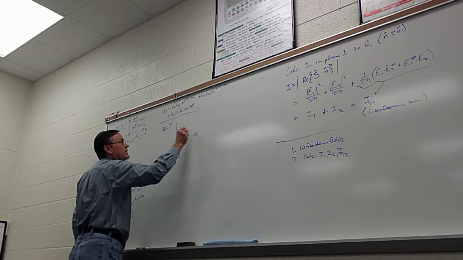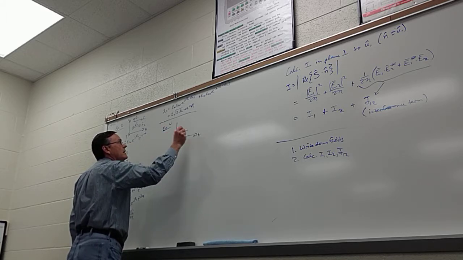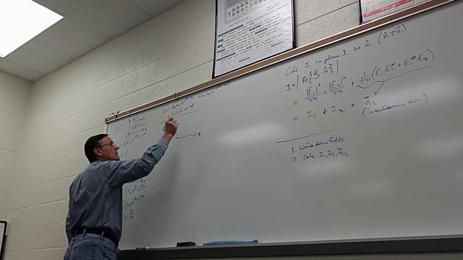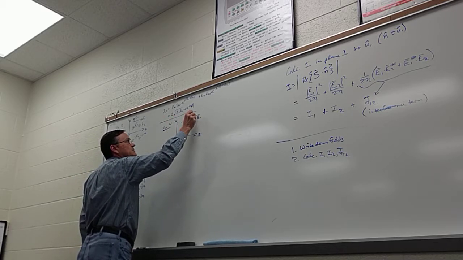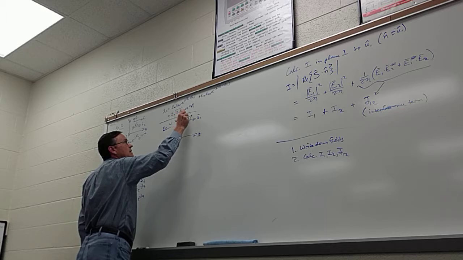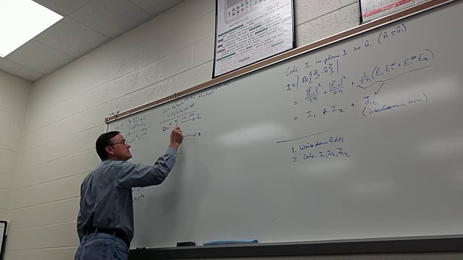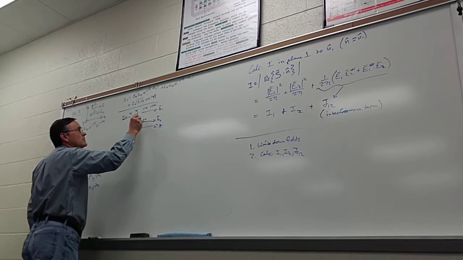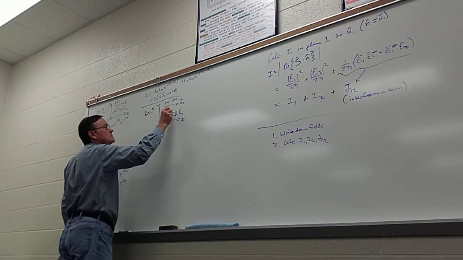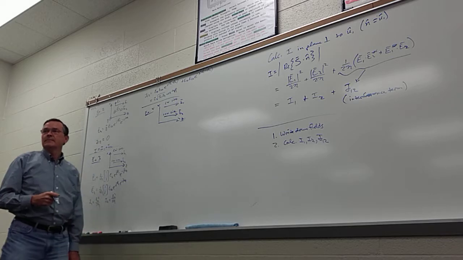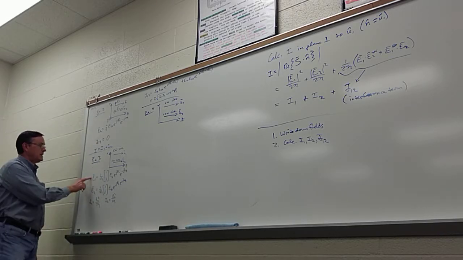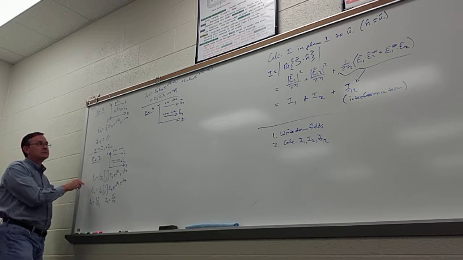Let's say that the first beam is again clockwise circularly polarized, but the second beam is counterclockwise circularly polarized. So again, we write down the fields. E1 is the same as right here. What's E2?